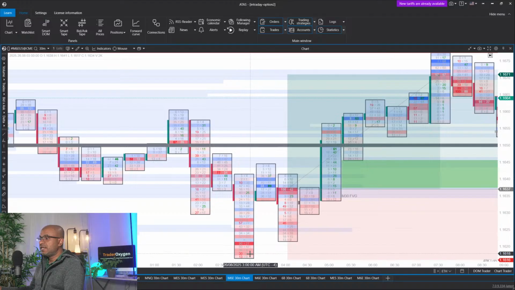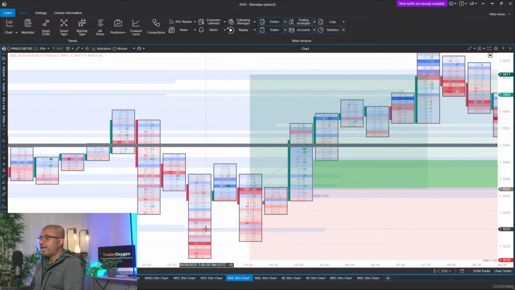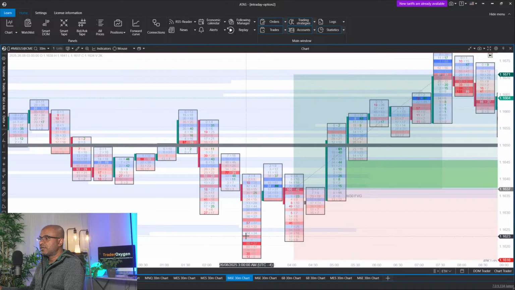So you can see in this area it's red color, which means it's negative delta. So when you see negative delta, that is aggressive sellers in action. Now when aggressive sellers are in action, the price should go down.